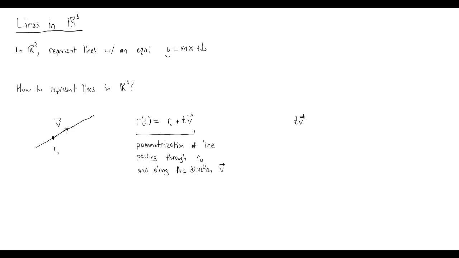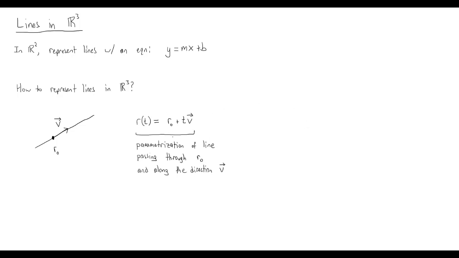However, this line that we get always passes through the origin, because when t is 0, you get 0, okay? So if I want the line to pass through the point r0, I just need to translate it by adding r0 to everything. And so that's how we get this equation for the parametrization of a line. Okay.